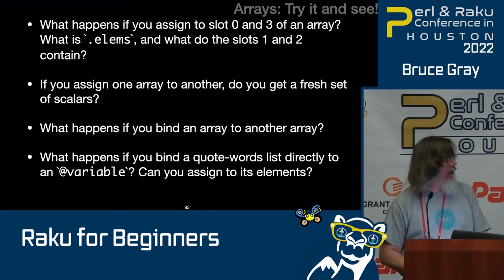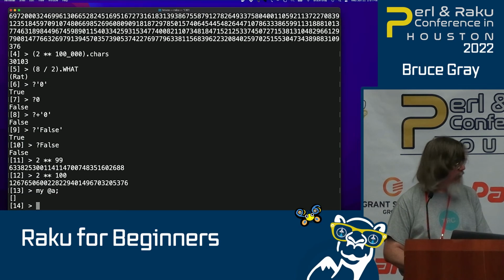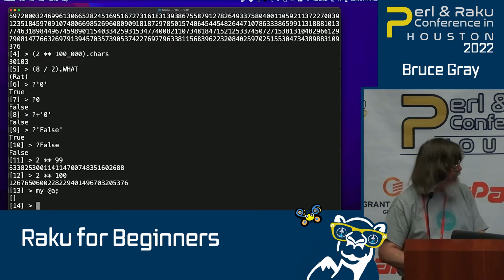If I've got an array and I assign to 0 and 3, I can't see that on this screen. I have to look over there as I type, and I can't touch type.